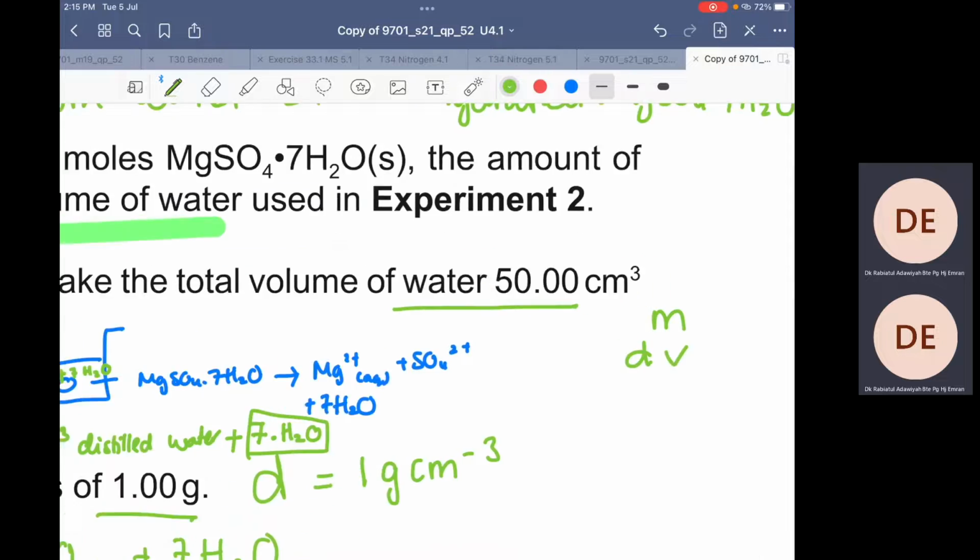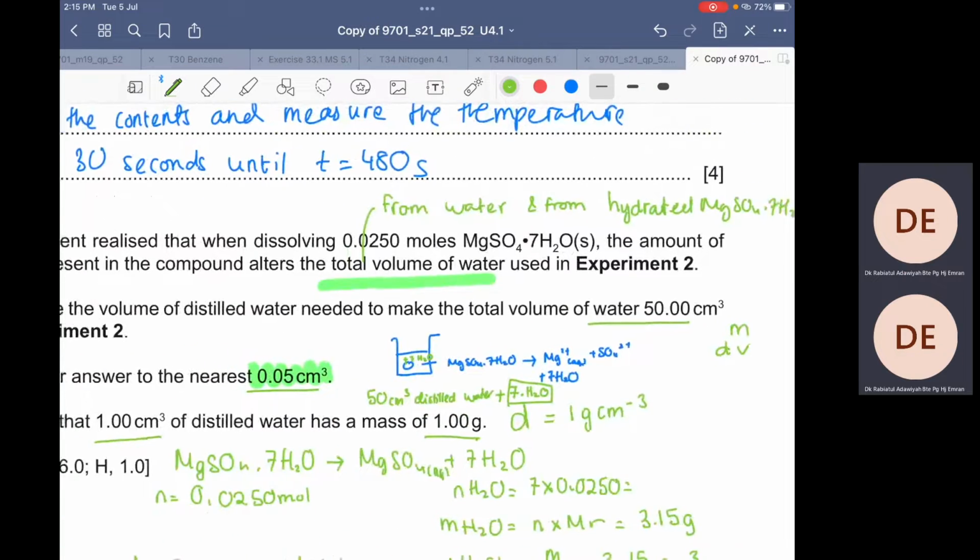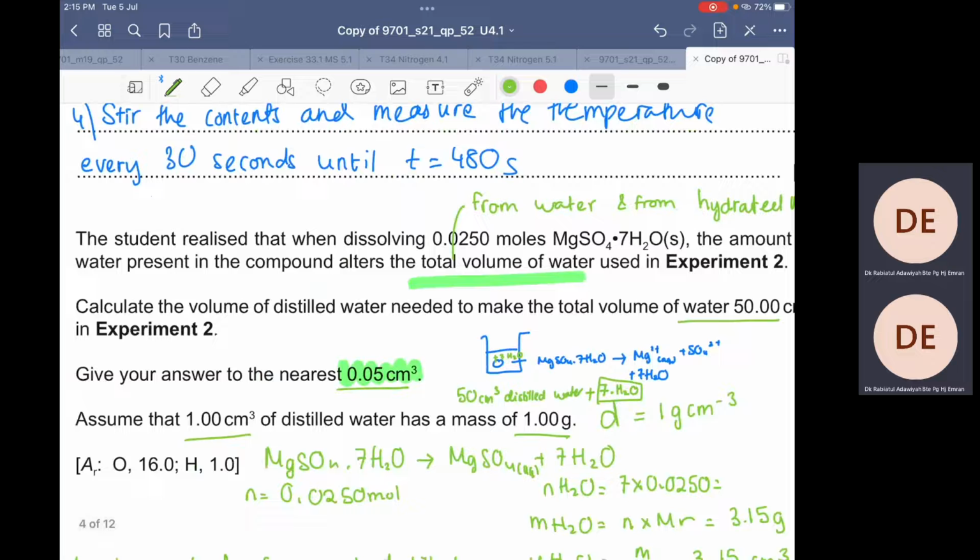The density is actually given in the question where it says, assume that 1 centimeter cube of distilled water has a mass of 1 gram. So the density here is 1. Density is the mass per volume, so 1 gram per centimeter cube, right?